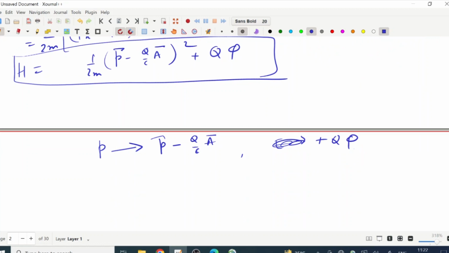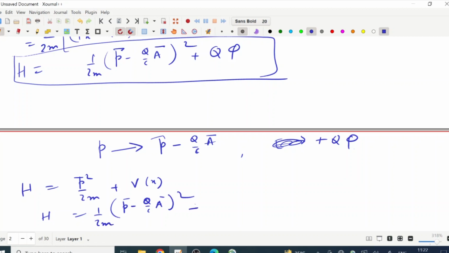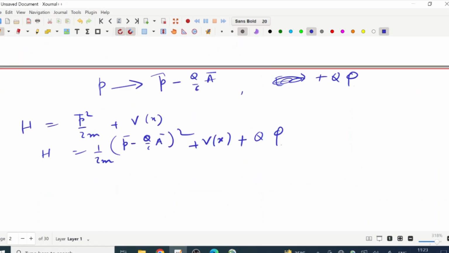So your Hamiltonian before the magnetic field was p square by 2m plus, say, V(x). In the electromagnetic field this Hamiltonian becomes (p minus q by c A) whole square by 2m plus V(x) plus q times phi. So this is the expression for the Hamiltonian in the magnetic field. Now you can find the canonical equations.